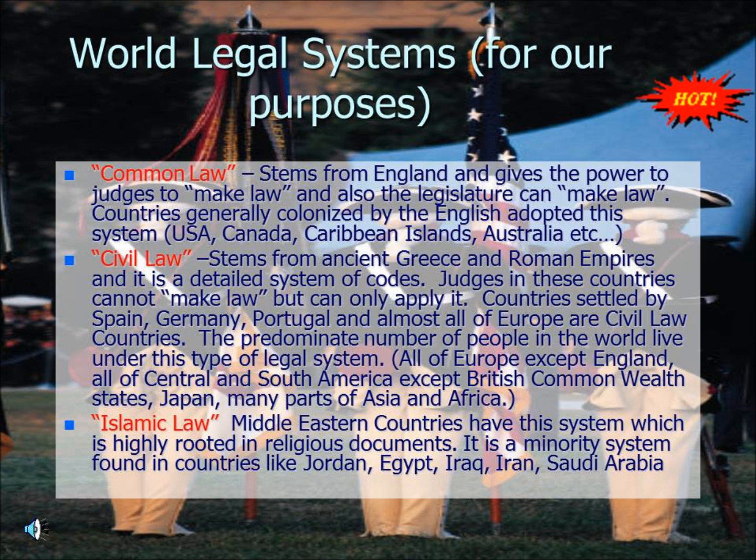The civil code system started way back, you could argue, with the Greeks, and then the Romans came along and conquered the Greeks and spread the civil code system throughout their empire along the Roman roads, if you will. The Romans were very good at conquering nations and adopting and taking what they liked. And they liked the Greek architecture and the Greek legal system. So they spread it throughout the Roman Empire.